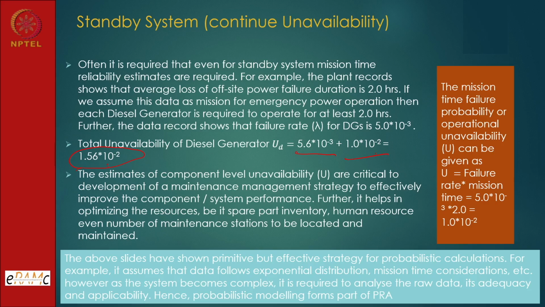Okay. Later on a lot of complexity will come, but if you go through these lectures and pick up this one, this is the minimal, and you will be able to develop a model of the plant. Now you will say there were 3 diesel generators and the failure probability is this one, so the common cause failure will come into the picture. But those things are later on. Let us start one by one, step by step.